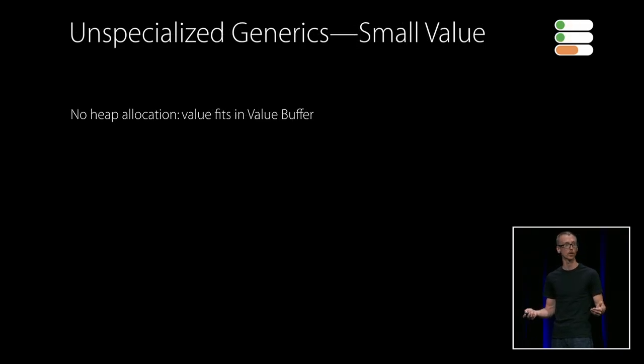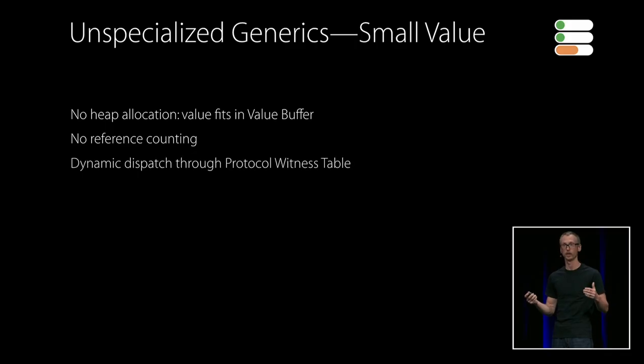There's no heap allocation necessary for local variables, as we've seen, because small values fit into the value buffer allocated on the stack. There's no reference counting if the value didn't contain any references. However, we get to share one implementation across all potential call sites through the use of the witness tables.